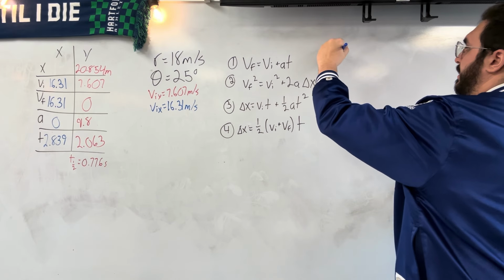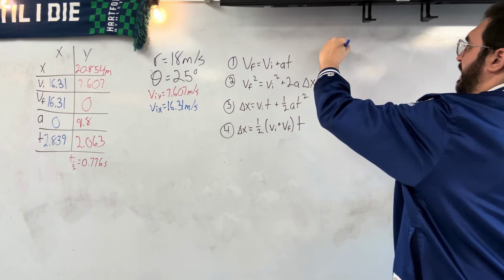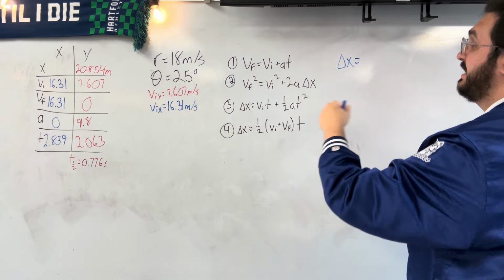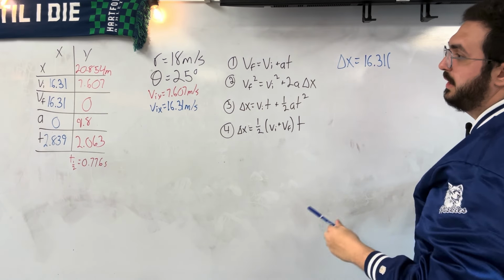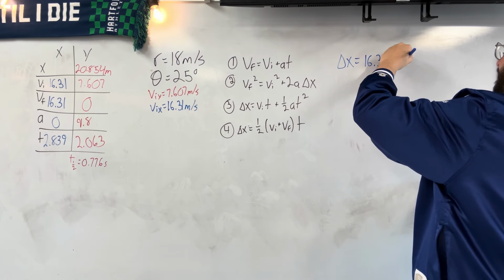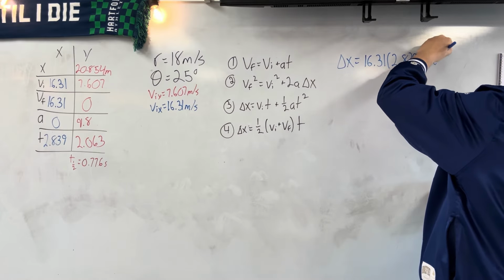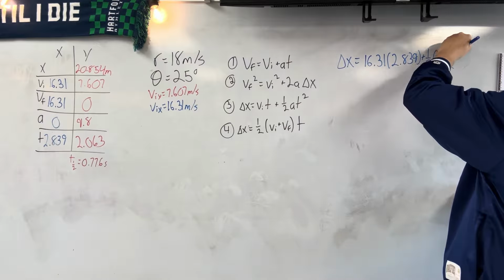So delta x equals vi times t plus 1/2 at squared. Delta x is what I am solving for. Equals vi is 16.31 times time is 2.839 plus 1/2 0 t squared, 2.839 squared.